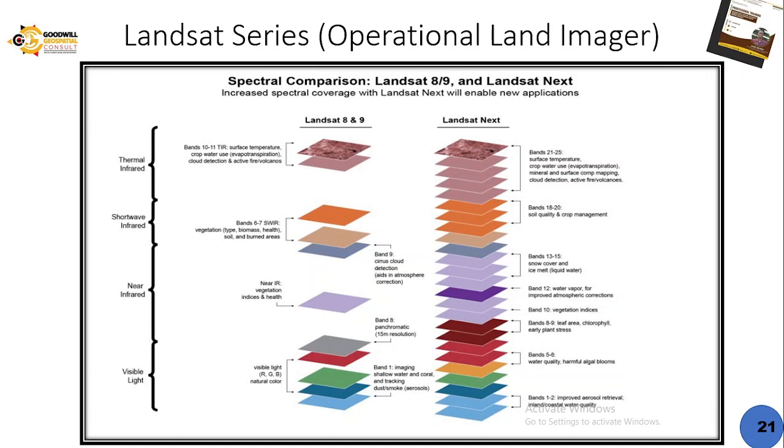In the next phase of the Landsat series, it will have 5 thermal infrared bands, that's band 21 to band 25. That will help you detect active volcanoes and also do land surface mapping and mineral mapping, just as we've discussed earlier on.